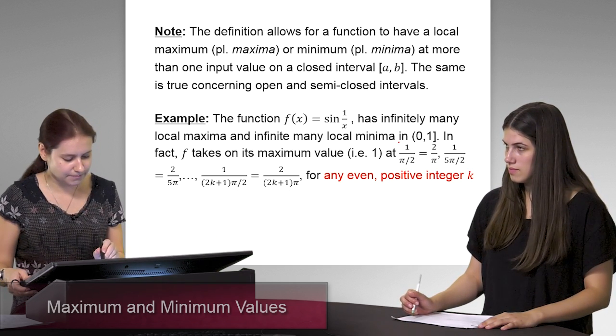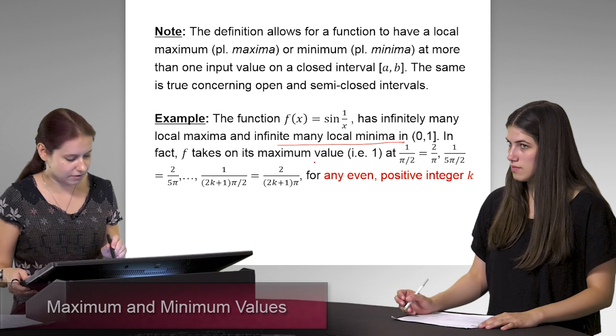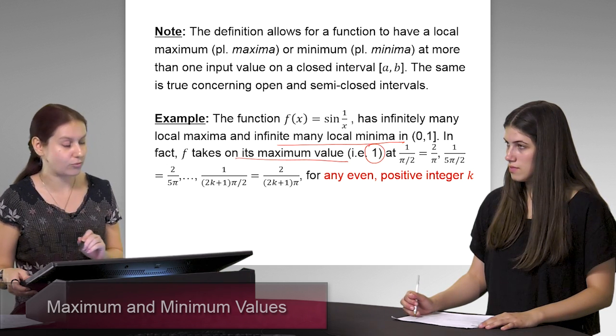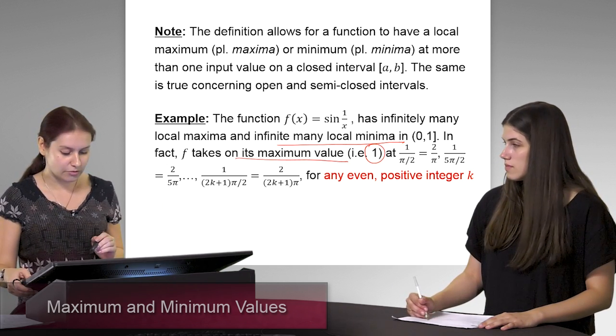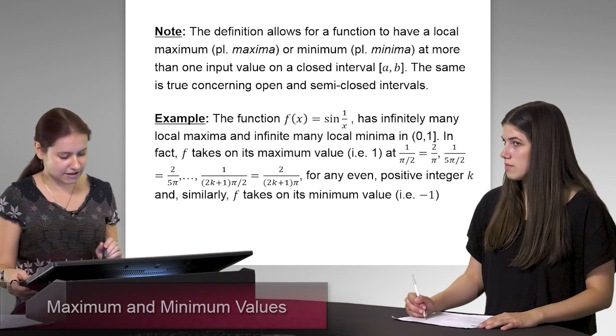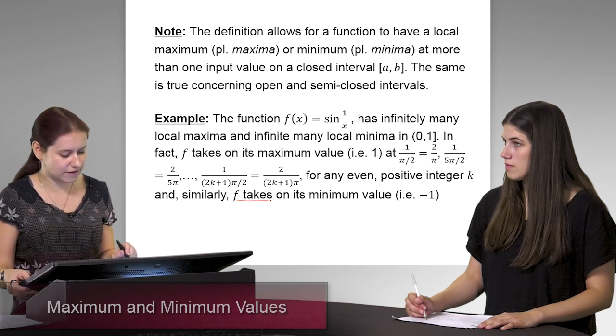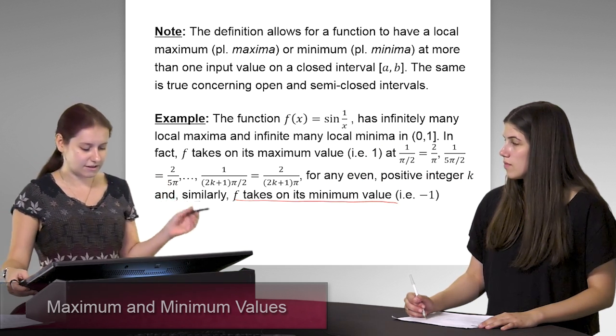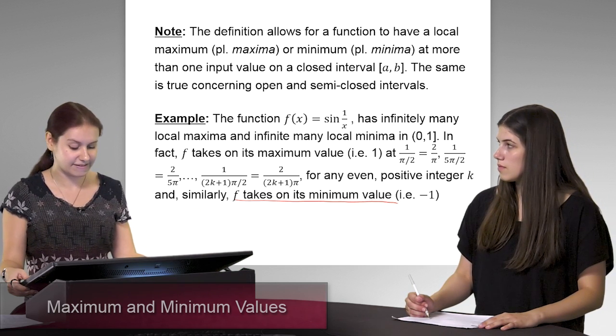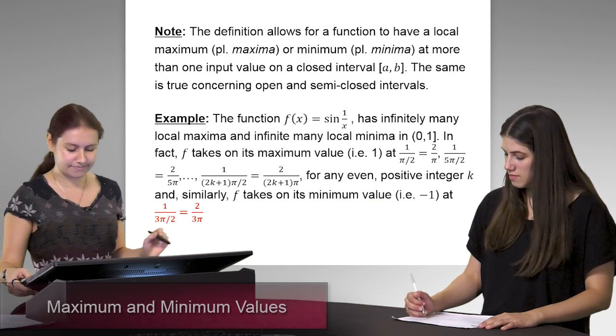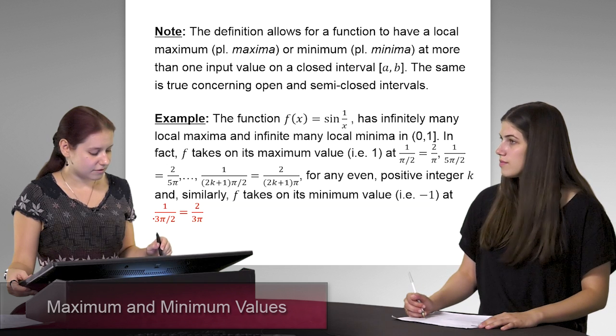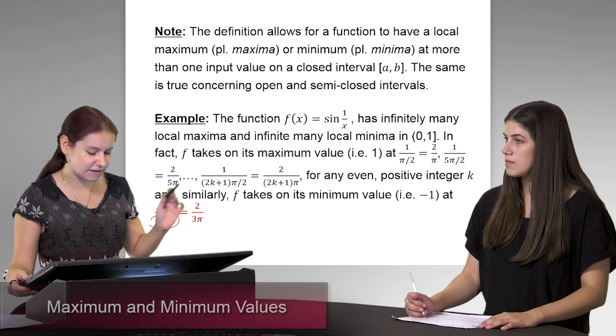infinitely many local minima and local maxima here, and it is 1. Same with minima, but different inputs. Here we can say that we have an infinite number of minima, and it's going to be -1 at, if I remember, 3 pi over 2, right, gives me -1.